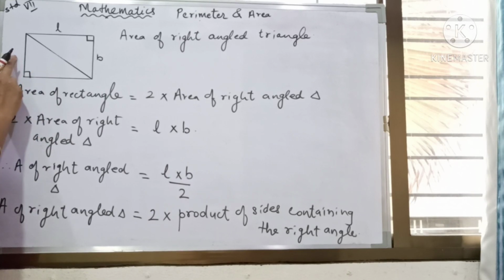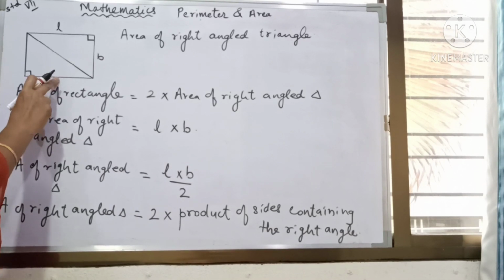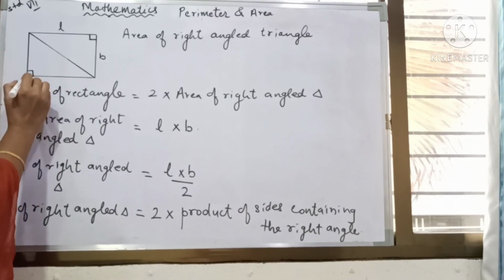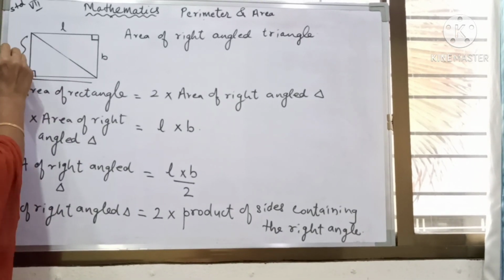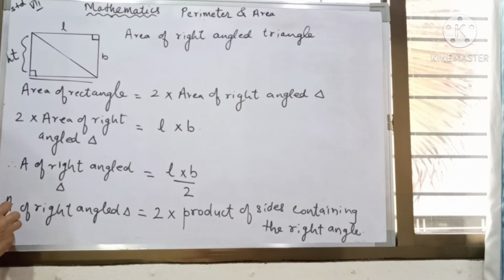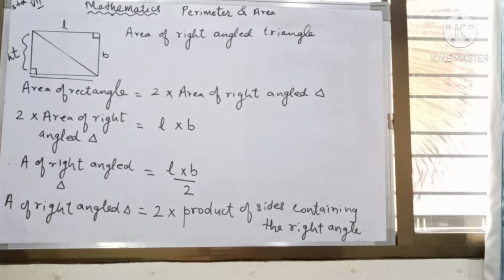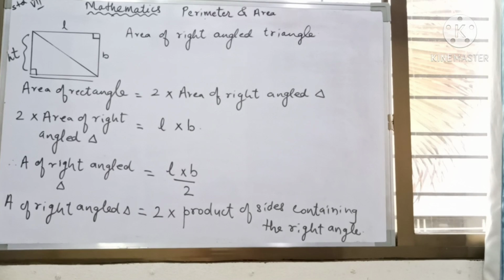This side is denoted by B and this side is denoted by L. So we can also say this is the base and this is the height.